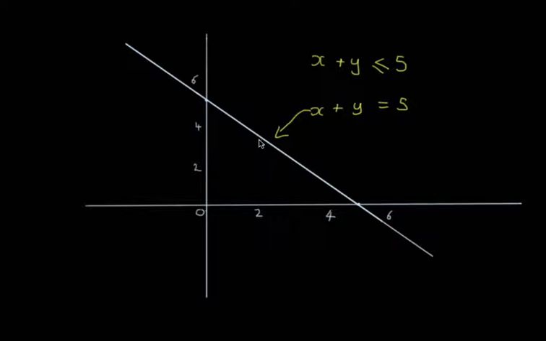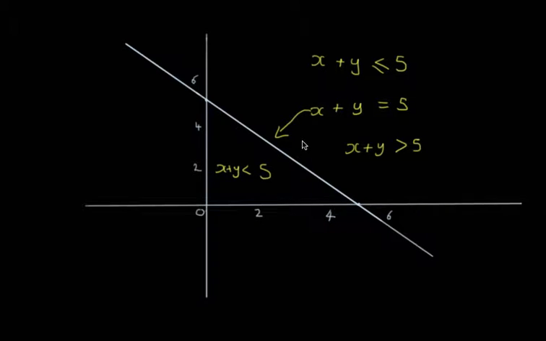Now, anything on this side of the line is x plus y greater than 5. This is this area here. In here, we've got x plus y less than, or equal, less than 5.